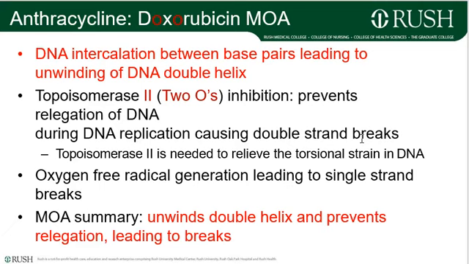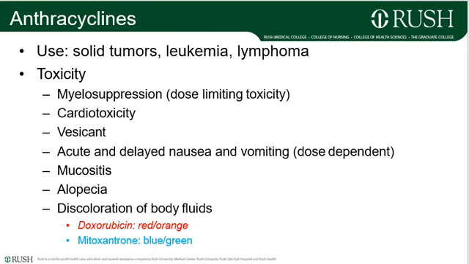So this is quite a potent drug, because through two different mechanisms of action, you can produce both double-strand and single-strand breaks. This causes the DNA molecule to be quite unstable, and during the unwinding process, you have a prevention of religation, or joining back of the double helix copies, and that will lead to further breaks.